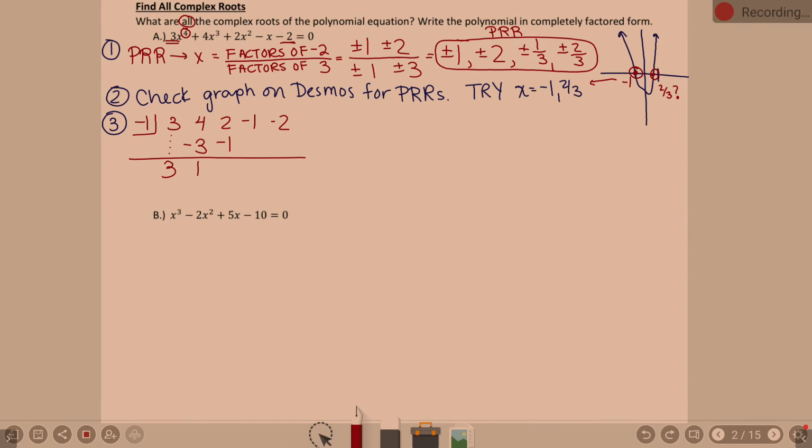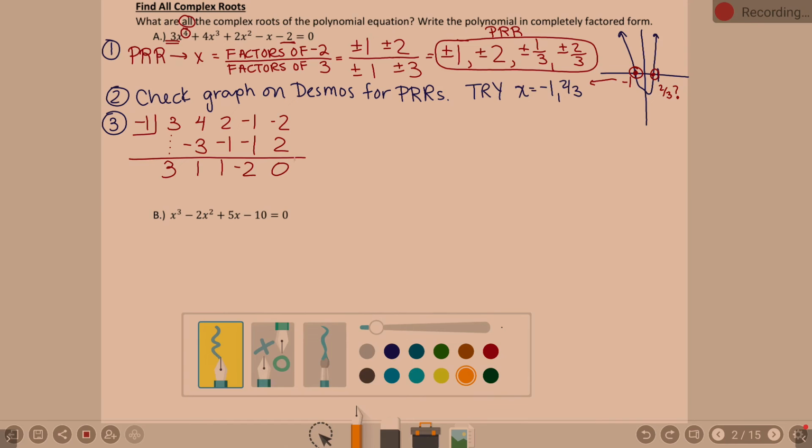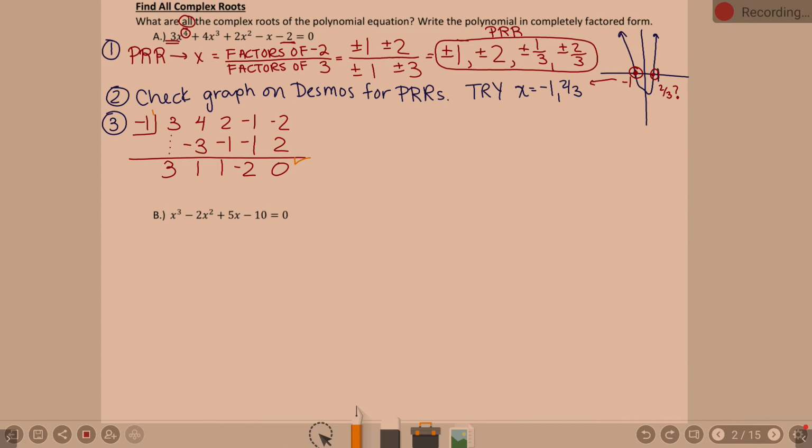Add. 2 plus -1 is 1. Multiply. -1 times 1 is -1. Add. -1 plus -1 is -2. -1 times -2 is +2. -2 plus 2 is 0. What's that 0 mean? Remainder is 0. -1 worked, didn't it?